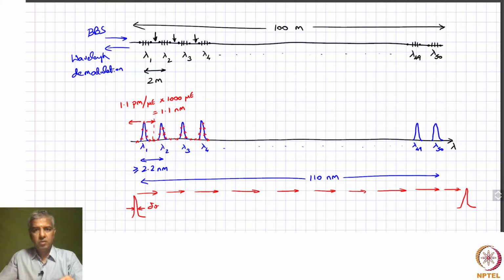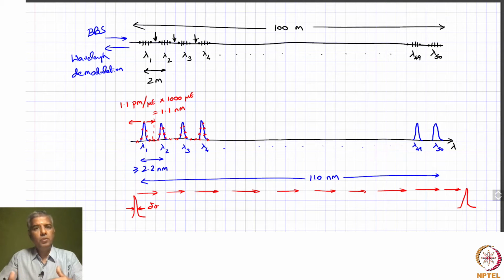So what we're going to talk about today is a different type of wavelength modulated sensor, which is based on a nonlinear effect called stimulated Brillouin scattering. I'll talk about why it is a nonlinear effect and all that later on in the lecture.